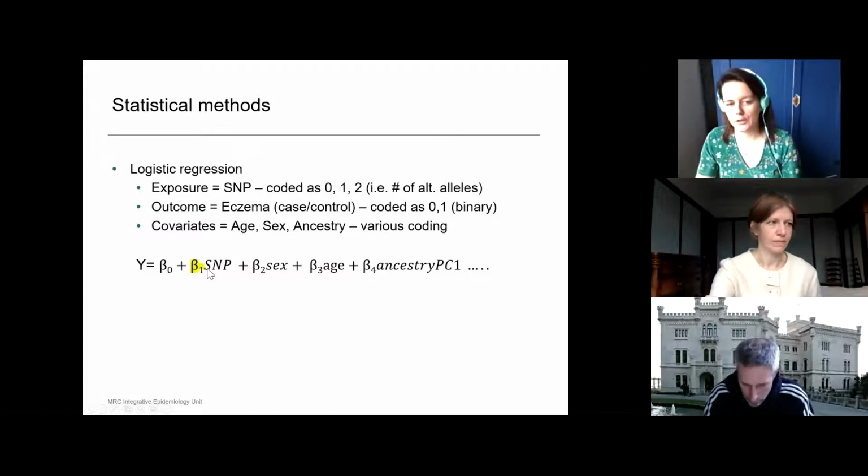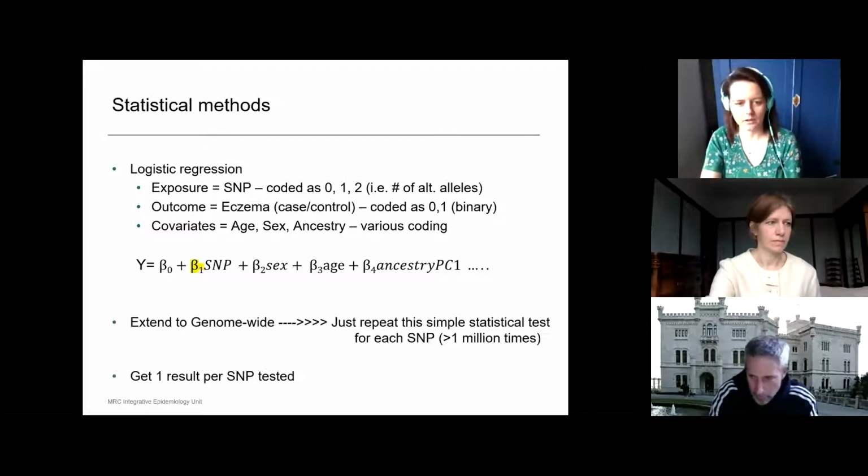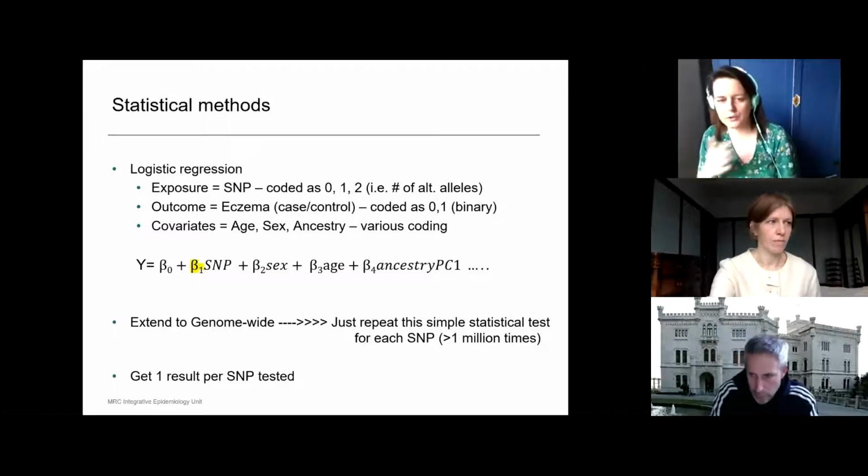And we want to know, is there evidence that this beta coefficient is not equal to 0, basically? So is there any evidence for there being a slope, a relationship between exposure and outcome, or SNP and eczema in this case? So it's actually a very simple statistical test, and it's the kind of statistical test you see throughout epidemiology.